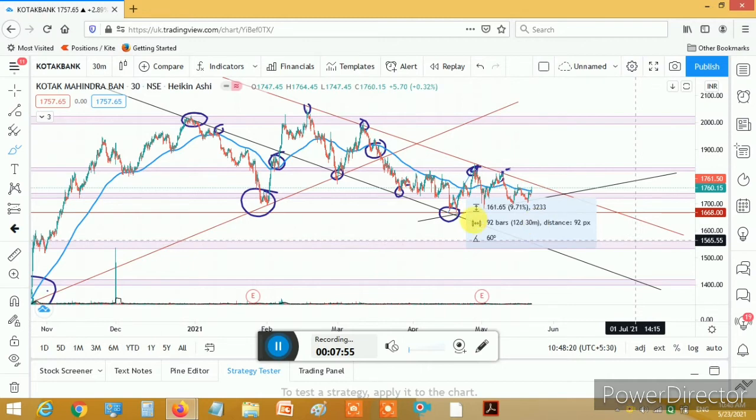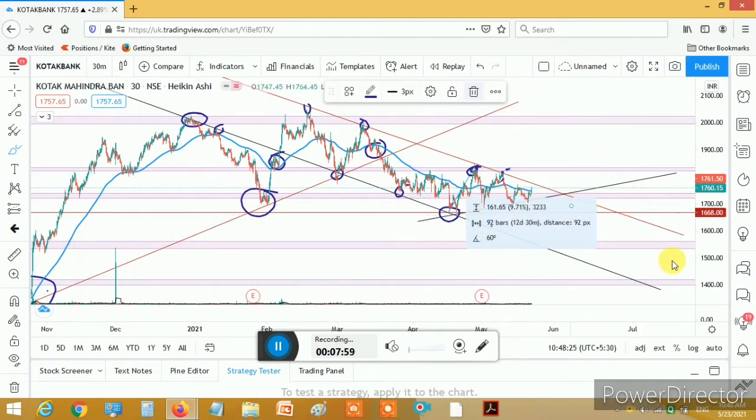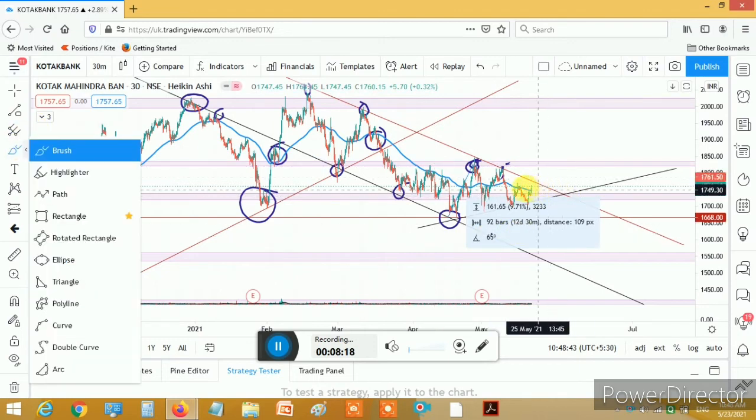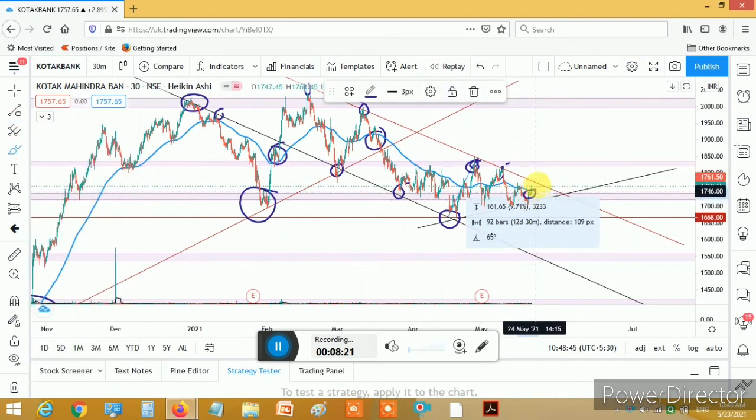Now you can see the current condition. Right now the channels are not broken, and there is a strong horizontal support, and it is exactly on the horizontal support.